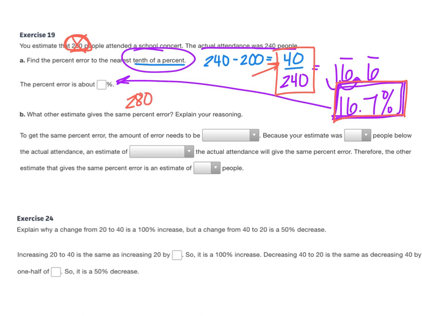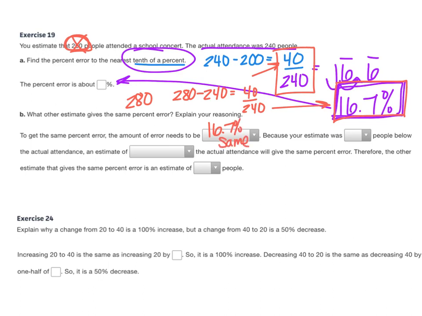And if there was 280 people, you would do 280 minus 240, and you'd get that same fraction of 40 over the correct amount, which is 240, which is going to give you that same percent. So for the other estimate, to get the same percent error, the amount of error needs to be the same.